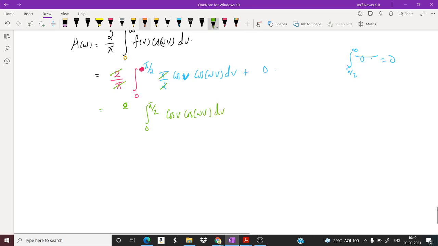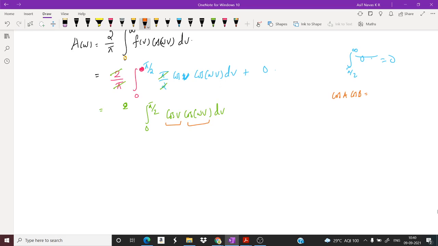Okay. So now we have to integrate this. So what is cos A cos B? Can you write cos A cos B? Anybody?